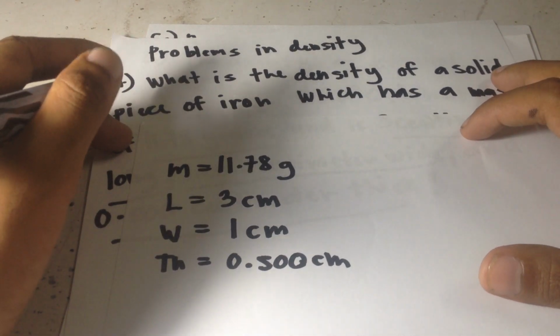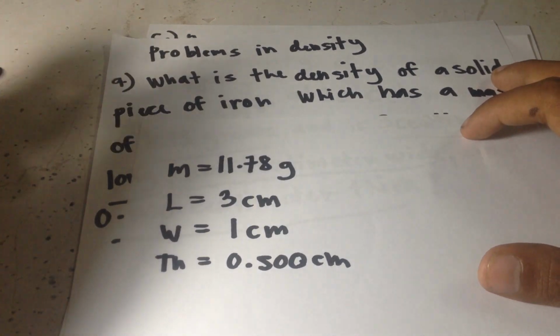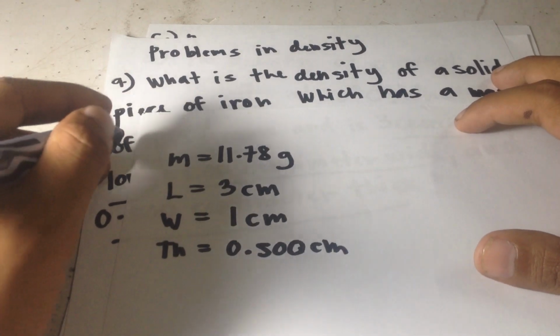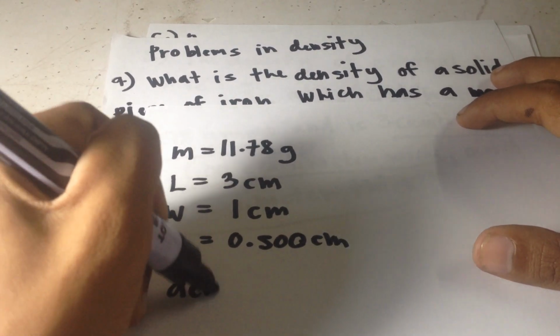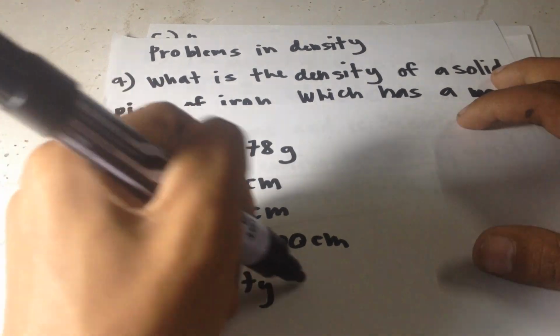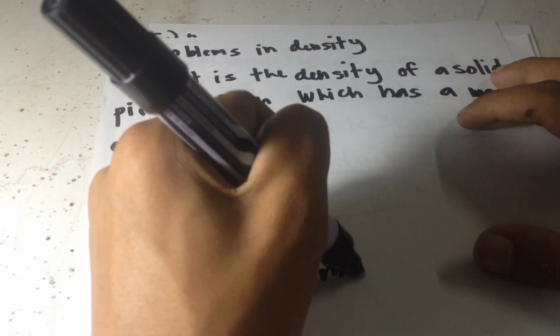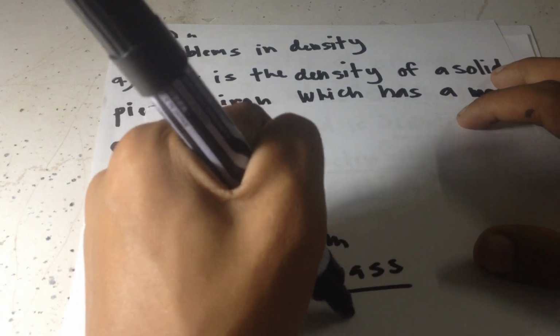So all we need to do is solve for the density. What is the formula of density? Density is equal to mass over volume.